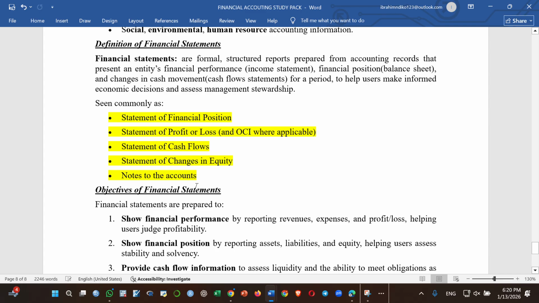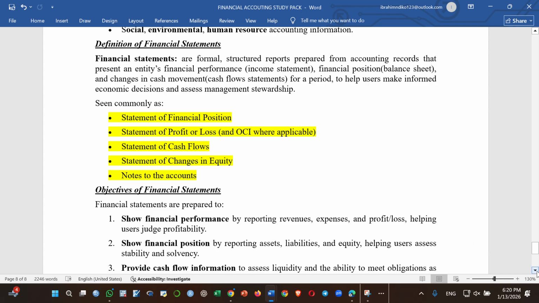So we have the statement of changes in equity and the notes to the accounts. If they ask in the exam, give any 5 forms of the financial statement, number 1 you will say statement of financial position, statement of profit and loss, statement of cash flow, statement of changes in equity, and the notes to the accounts.